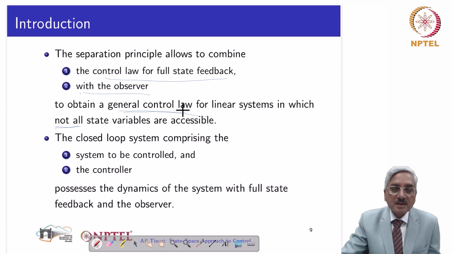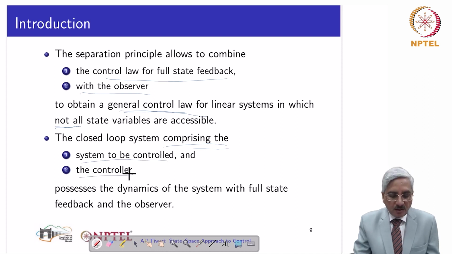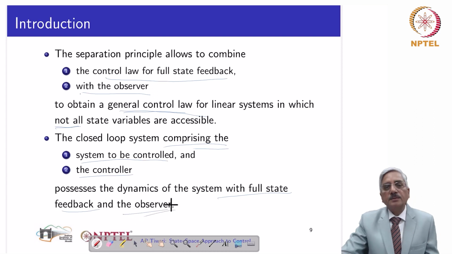And we will see that the closed loop system comprising the system to be controlled and the controller possesses the same dynamics as with the full state feedback and the observer. So the dynamics of the closed loop system is that of the full state feedback together with the dynamics of the observer. These things we will see in particular through the separation principle.